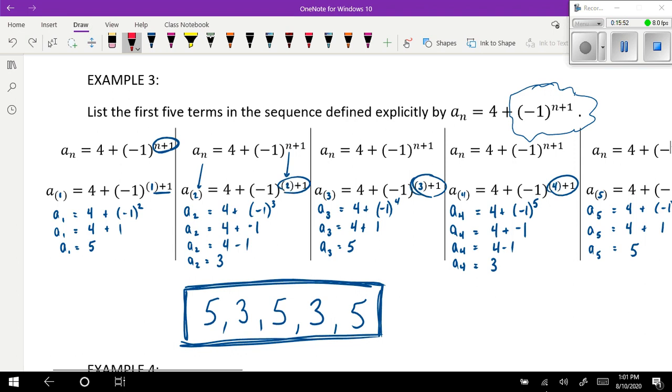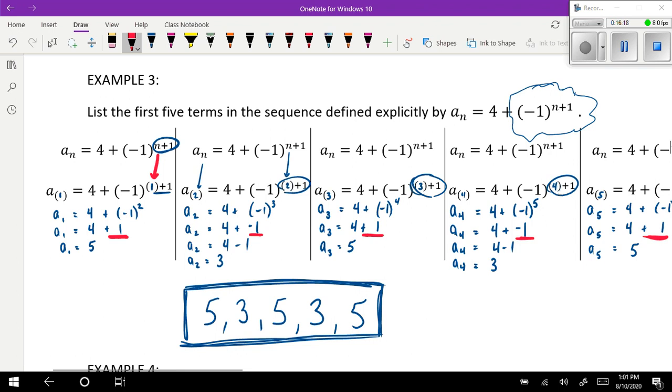When we put a 1 into that n right here, it turned that exponent into a 2, which meant -1 squared turned into +1. And then when we put a 2 in, then 2 plus 1 gave us an exponent of 3, and that turns into a -1. And then again, +1, -1, +1.